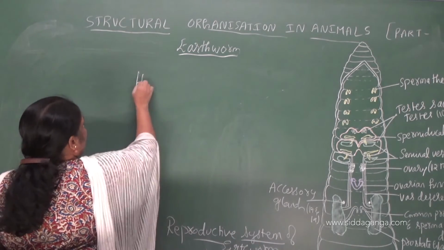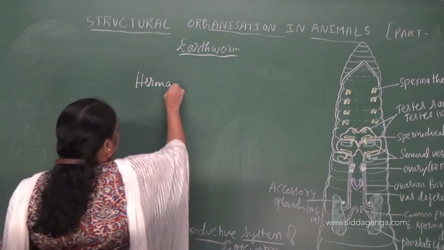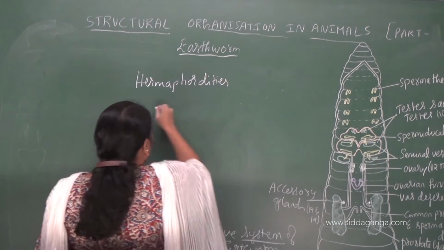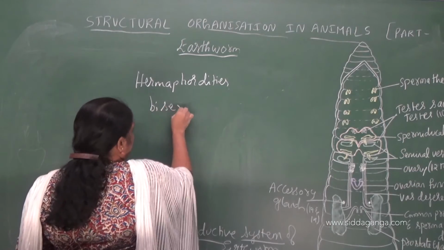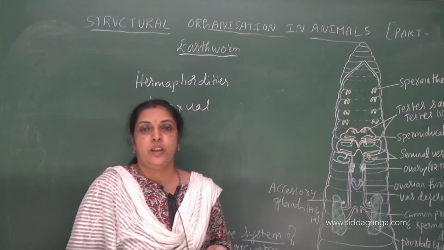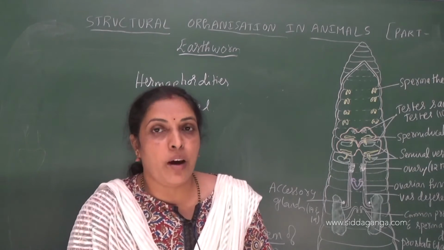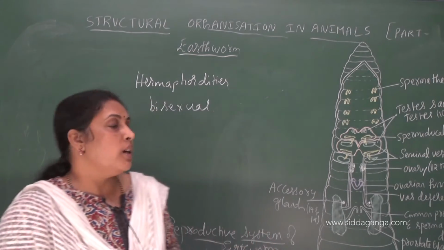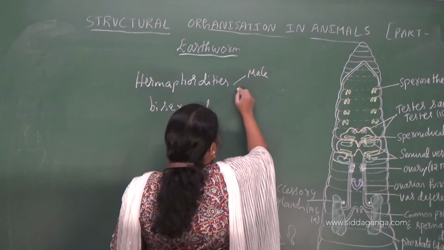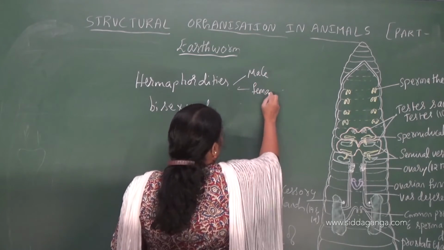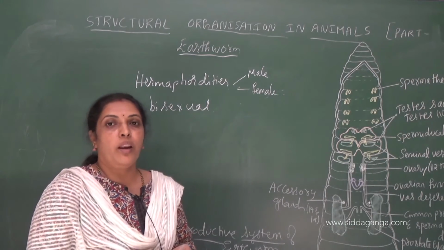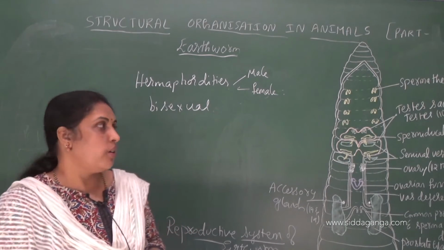They are hermaphrodites, or you can say bisexual organisms or monoecious. That means in the same organism we see both male and female reproductive organs.